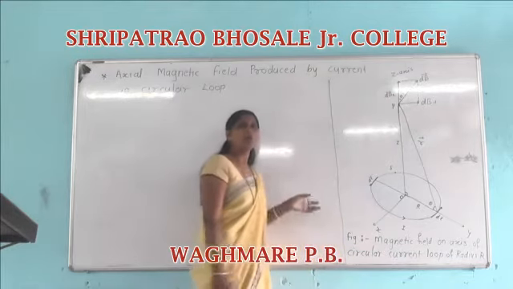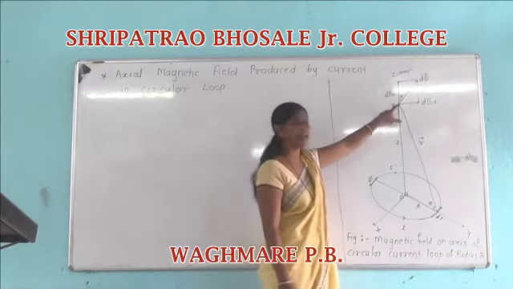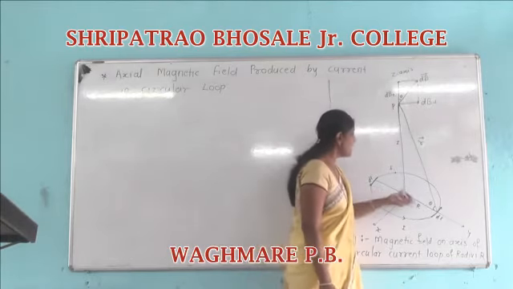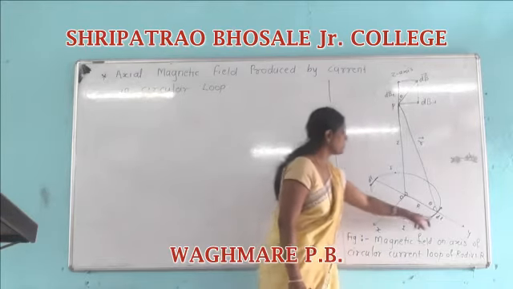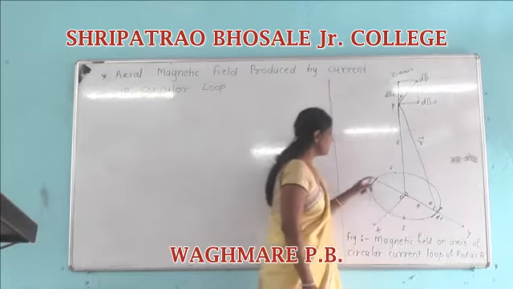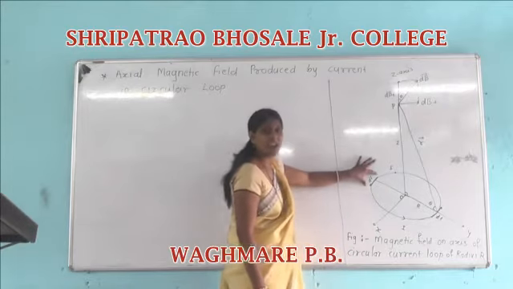And here we have to find the total magnetic field at this point. We will consider a number of small elements on this loop. Suppose this is one small element, then exactly opposite side here is also a small element.